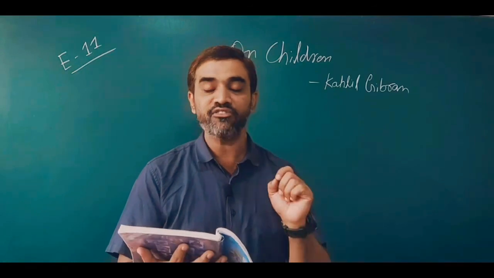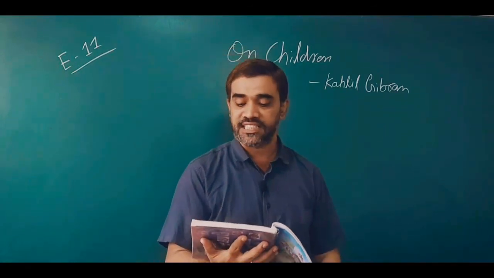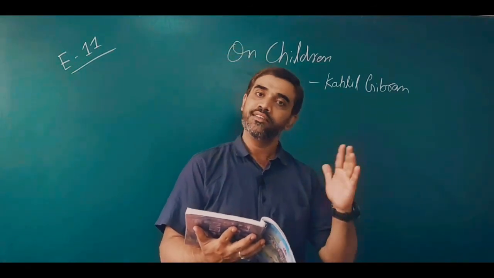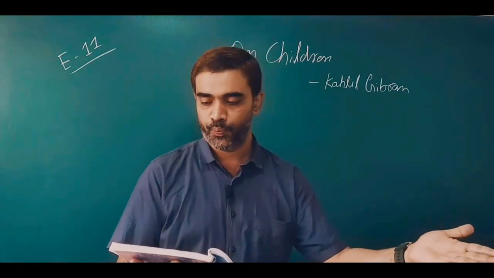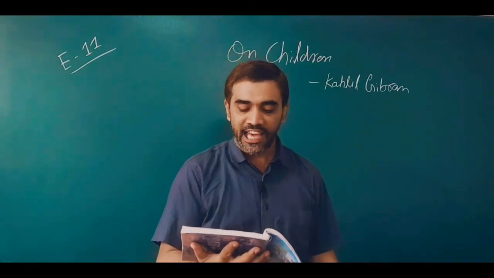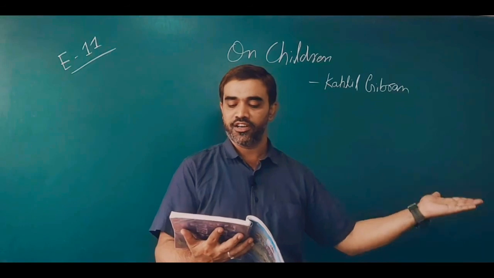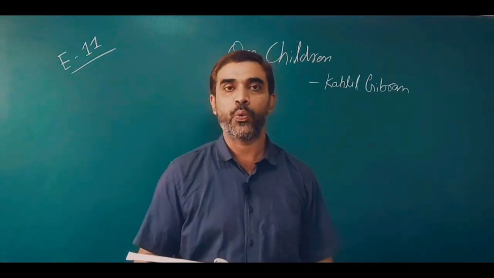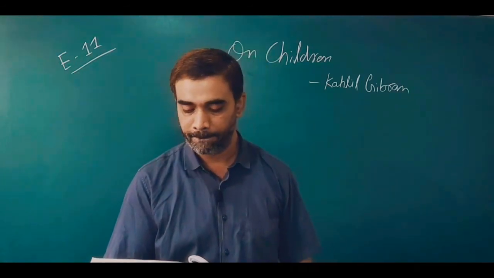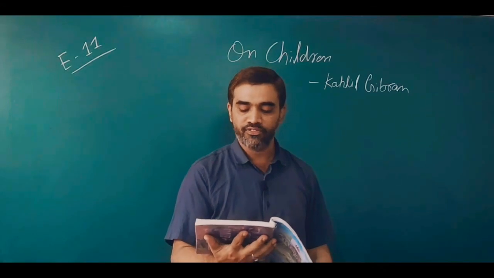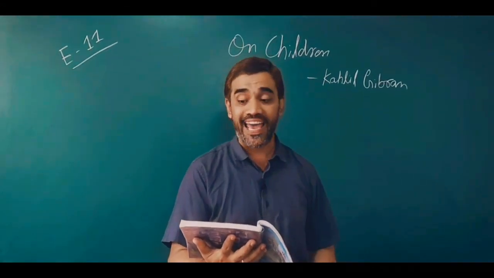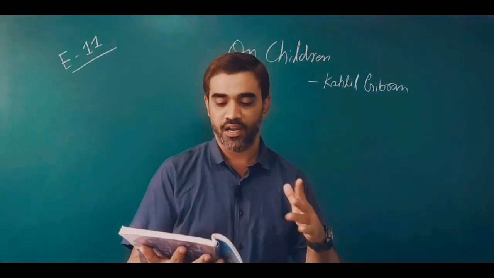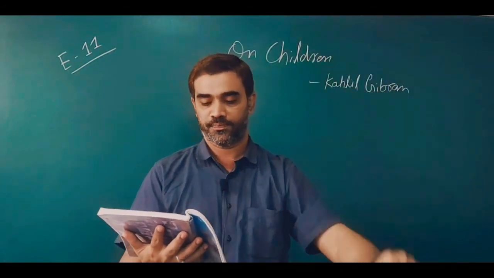You may strive to be like them, but seek not to make them like you. For life goes not backward, nor tarries with yesterday. You are the bows from which your children as living arrows are sent forth.